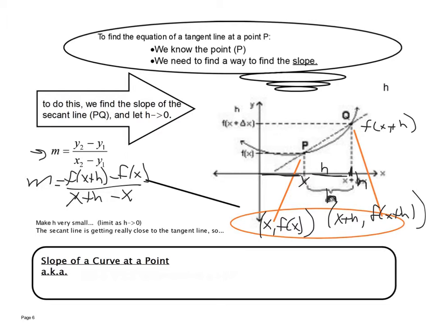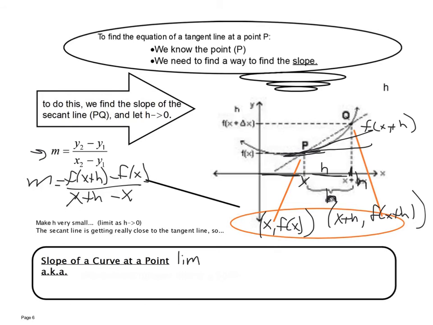And so let's think about what happens if we start moving this Q a little closer and make h half as small, then a quarter as small, and then a little bit smaller, so that we're getting closer and closer, we end up actually getting to the actual tangent line. So half, and then quarter, and then what if h is getting closer and closer to 0, in other words, a limit.